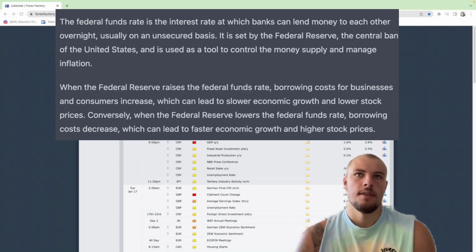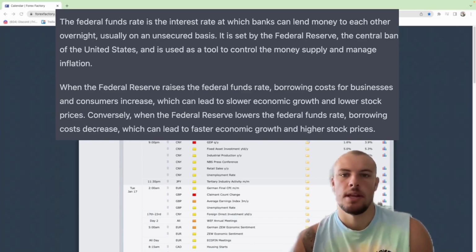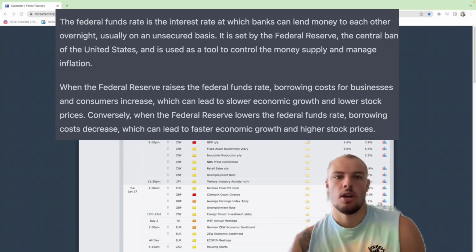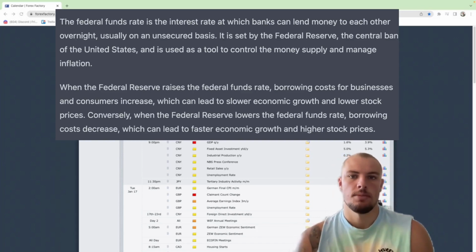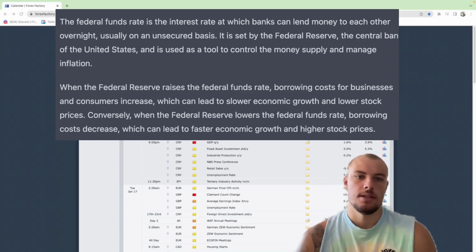Right. So obviously, if that's a lower rate for the bank to borrow money, then people can borrow money from the bank for less because they borrowed the money for less. All right. When the federal funds rate is high, it can indicate a strong economy and lead to an increase in stock price. And when the federal funds rate is low, it can indicate a weak economy, which can lead to a decrease in stock price.